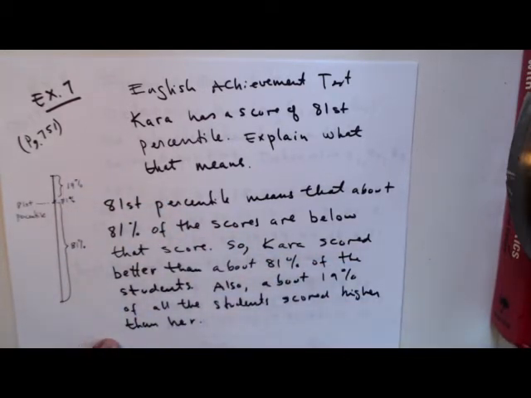So if you want to give an explanation, you might say that the 81st percentile means that about 81% of the scores are below that score. So you have 81%, and therefore Cara scored better than about 81% of the students.